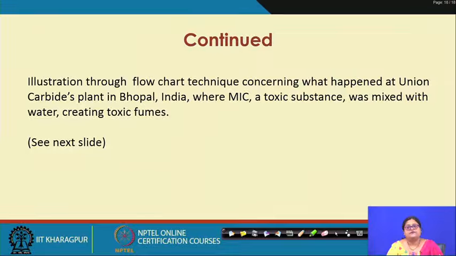So, if we use the flowchart technique to discuss the Union Carbide plant in Bhopal case, where a toxic substance was released and it mixed with water to create toxic fumes, we will see which incident led to which happening and what were the consequences of it.